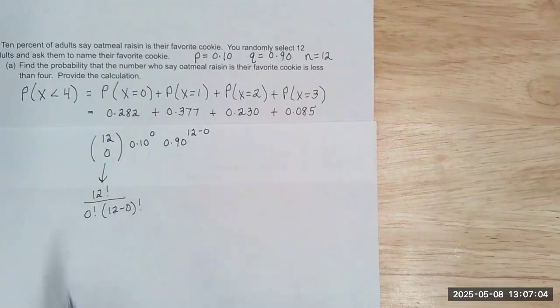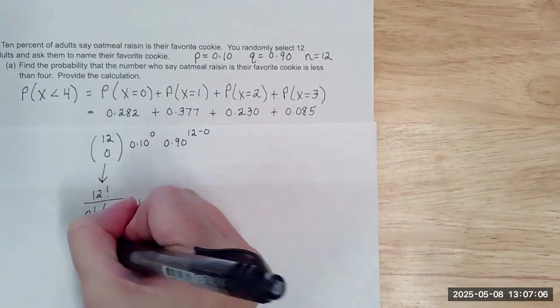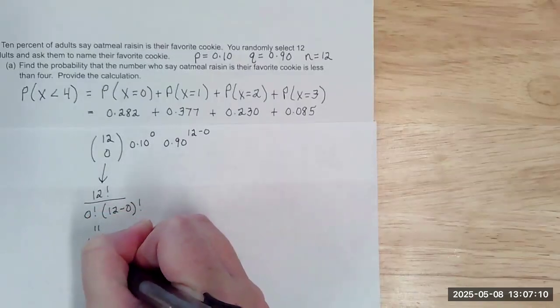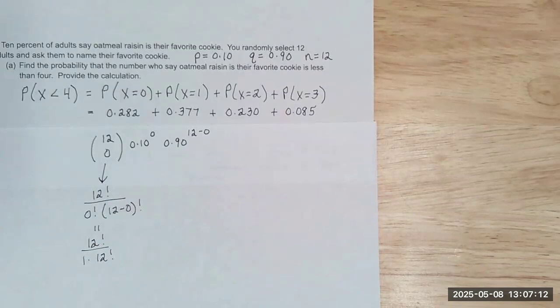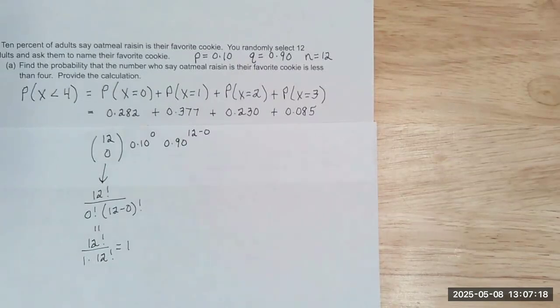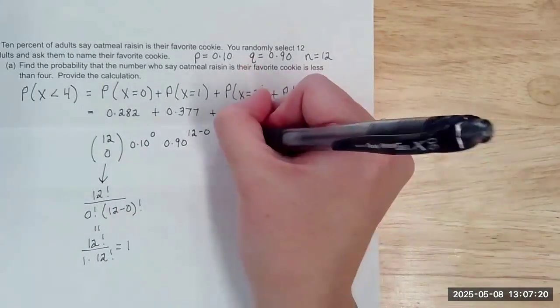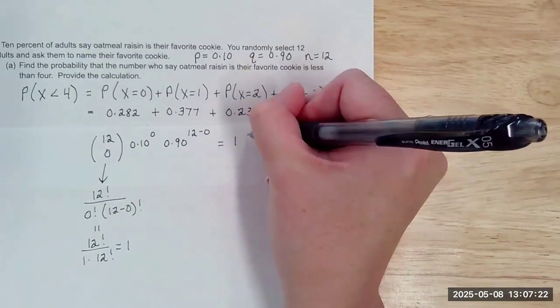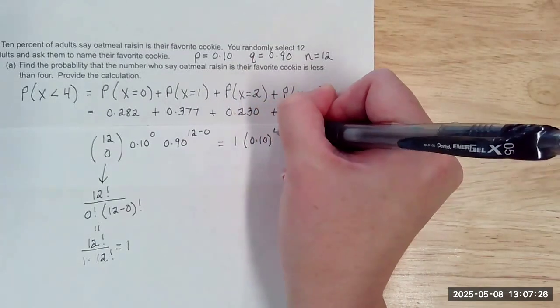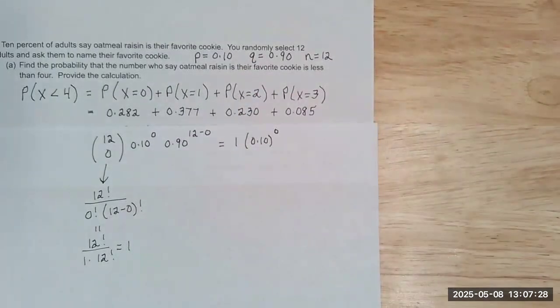So this is 12 factorial over 1 times 12 factorial. Well, 12 factorial over 12 factorial should just be 1. So this whole thing comes out to just be the number 1. So we have up here 1 times 0.10 raised to the 0th power. That's also 1.